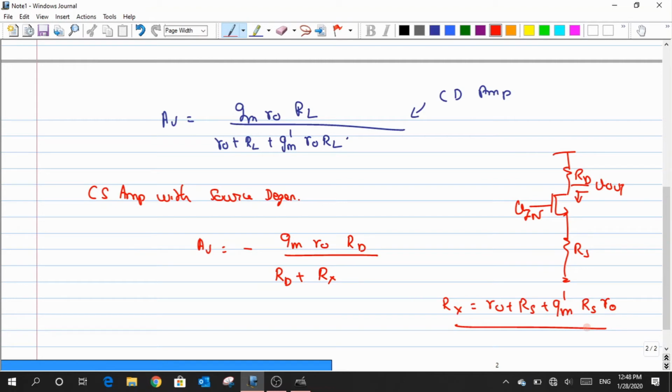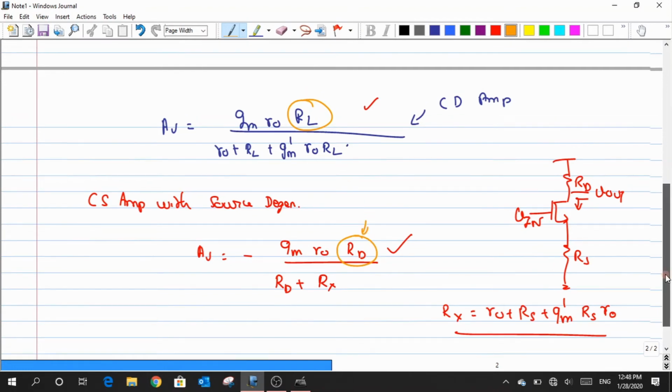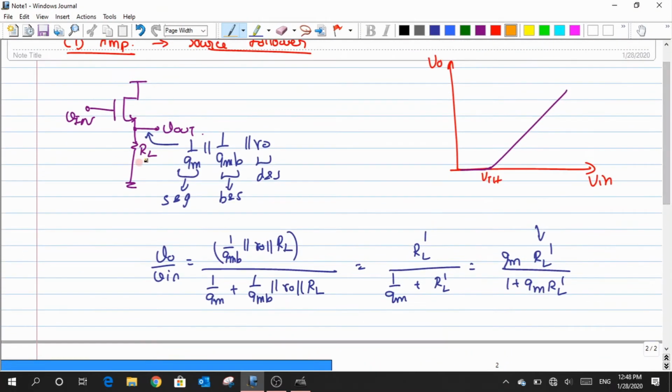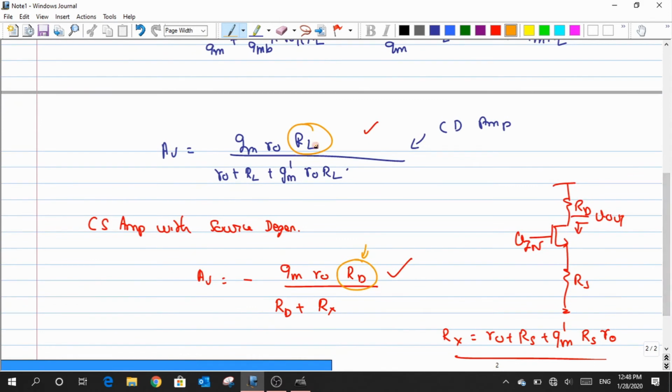Now I just want to compare this result with this result. You can see almost identical structures, except for a few things. One is this RL I had at the top, whereas in this case it was RD. There was a drain resistance, whereas for this structure there is no drain resistance. Obviously, there is no drain resistance in this case, but in that place I have the source resistance or the load resistance RL.